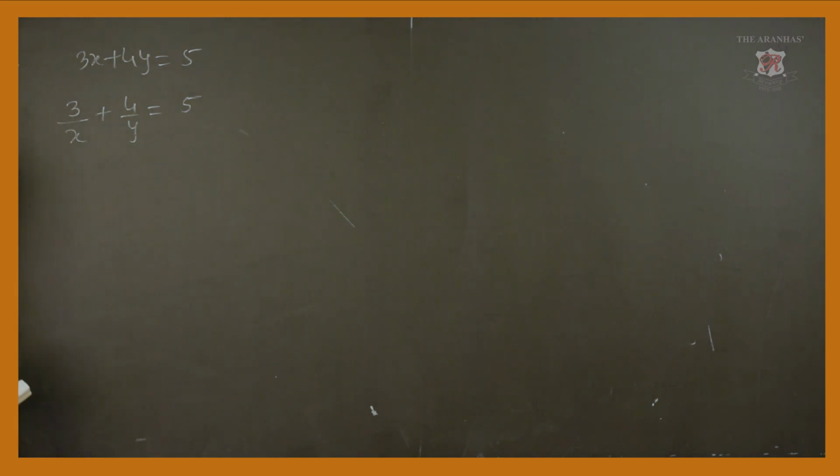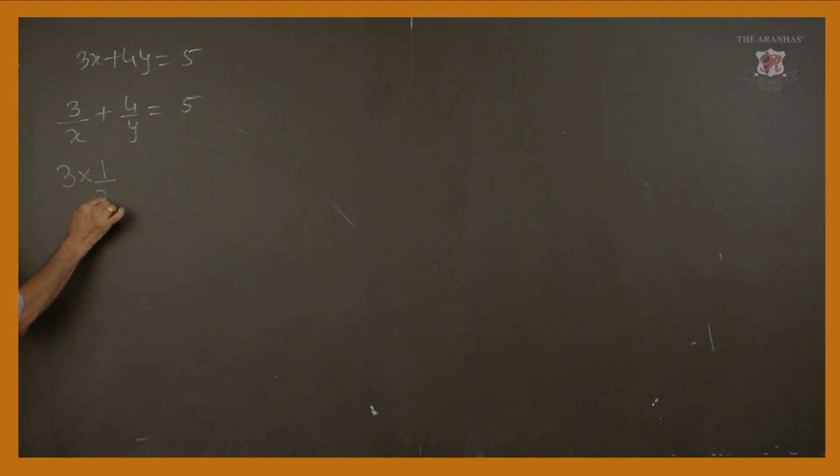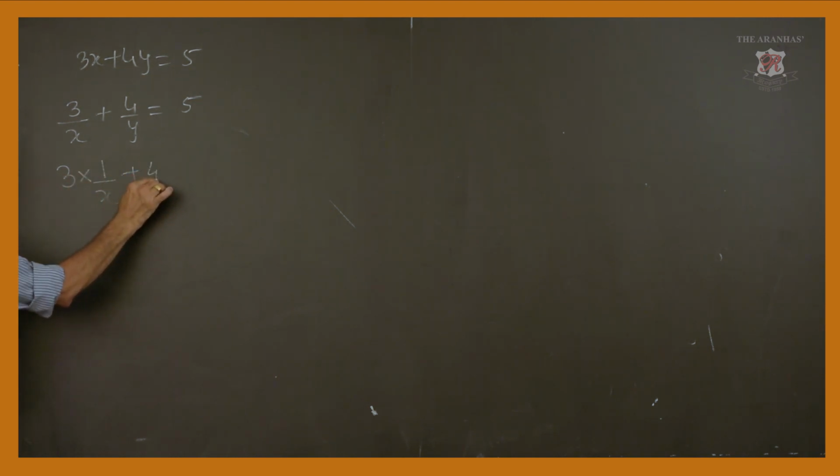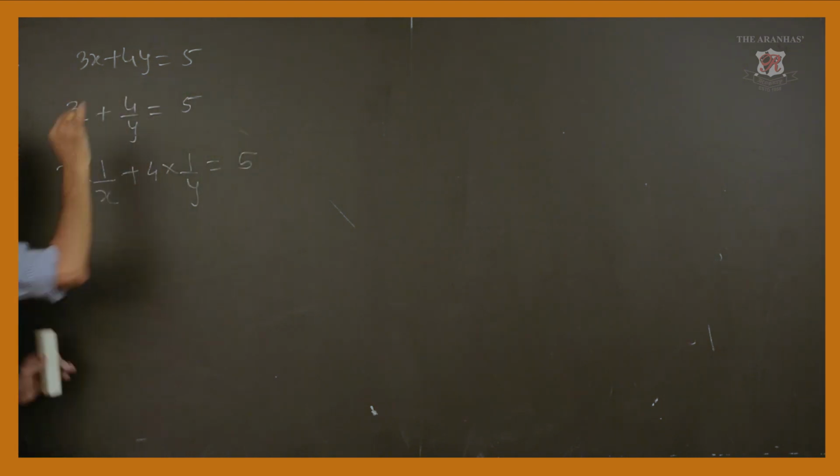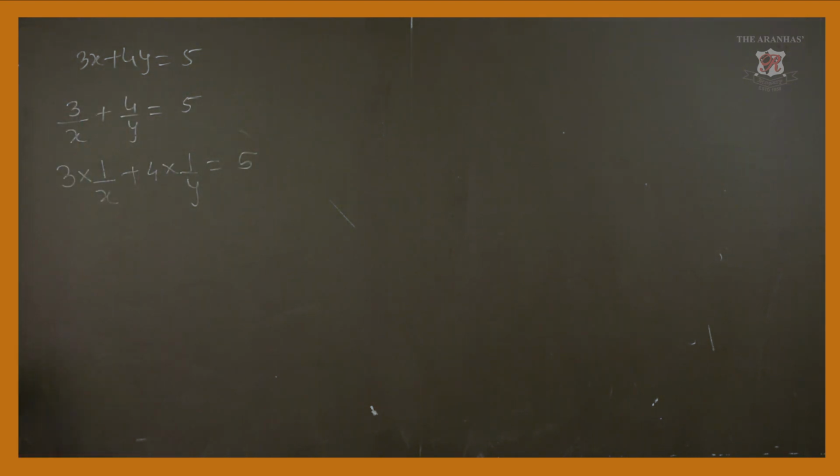For that, what we have to do is, 3 upon x is there. So, I will write this as 3 into 1 upon x plus 4 into 1 upon y is equal to 5. I just wrote 3 upon x as 3 into 1 upon x, and 4 upon y as 4 into 1 upon y.